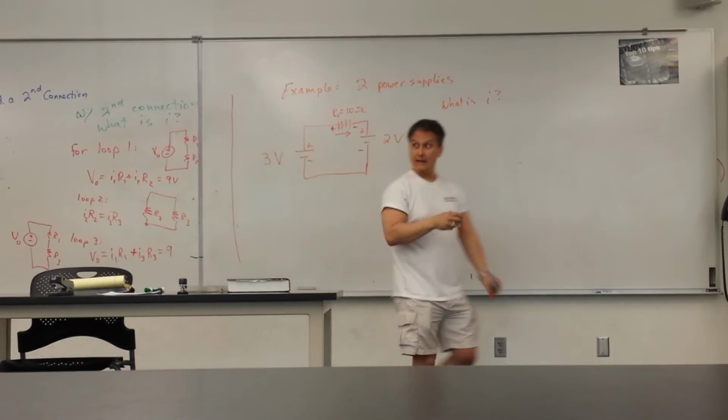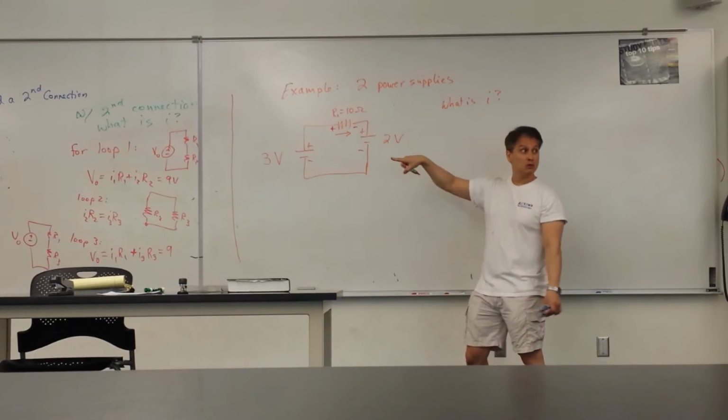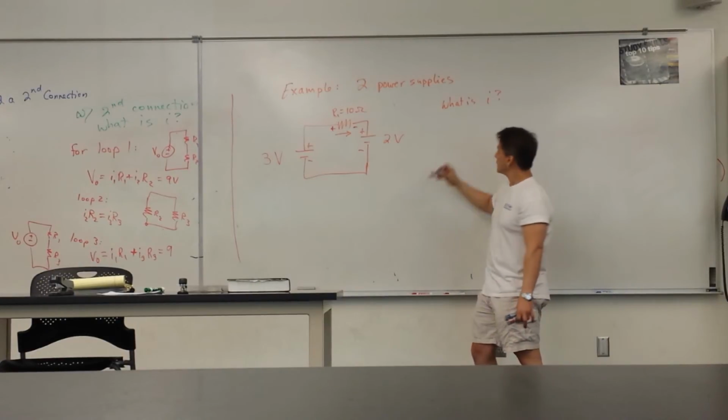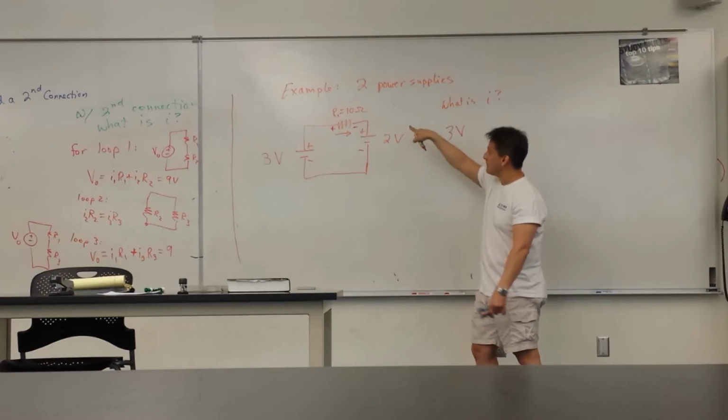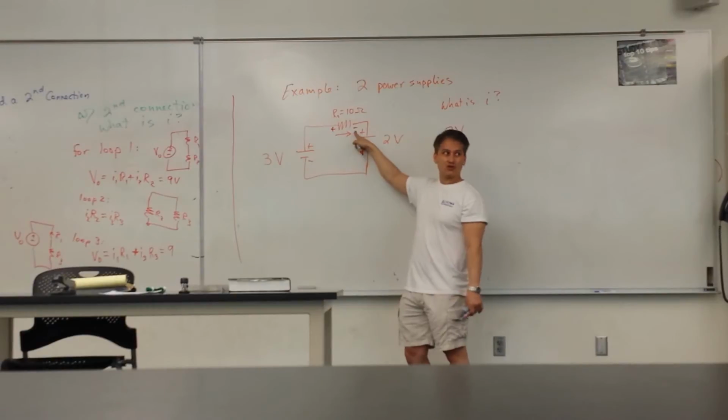So, how would we solve it? Easiest approach would be a simple loop rule. In which case I can say 3 volts up, we go from minus to plus. Now I got a drop here.